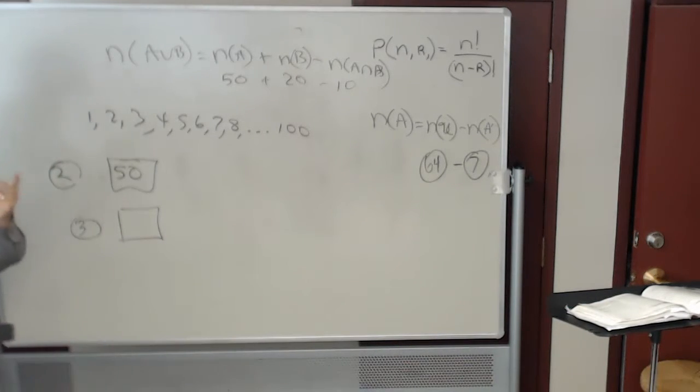Right? 3, 6, 9, 12, 15, 18, 21, 24, 27, 30, and we're done. How many multiples of 3 are there, people? 33.